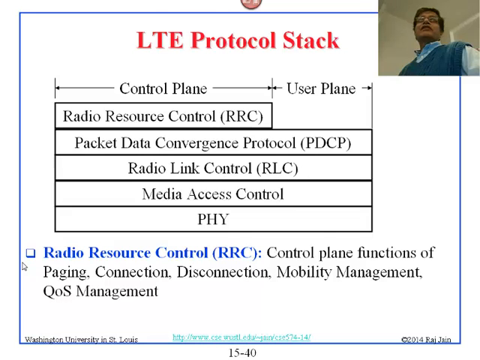Connection is obviously I want to connect to you, either the base station or the telephone says that. Disconnection is the same thing. Mobility management is basically handover. Where you are driving, you say, well, I want to connect to tower 2 now. I'm getting a better signal from tower 2. And then this message goes to some place where they decide, yeah, you should go to tower 2 or not. That is mobility management.